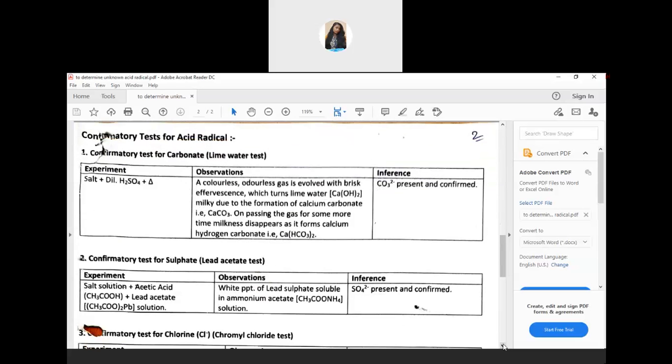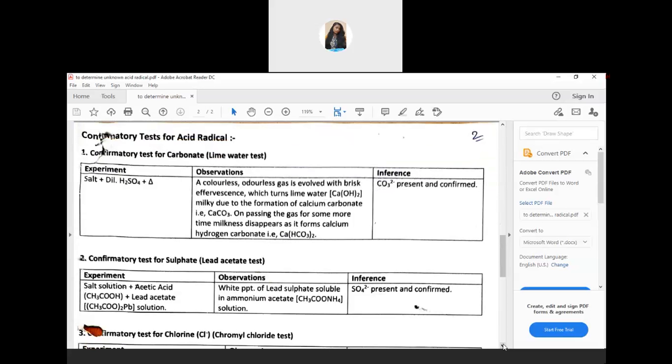If you found a carbonate ion, then you have to do the confirmatory test for carbonate ion. That means salt plus dilute H2SO4 plus heat. If you heat this, then you can observe a colorless, odorless gas evolving with brisk effervescence.